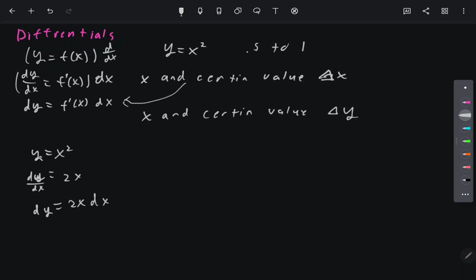We want to evaluate this at the point x is equal to 0.5, and the change in x is also equal to 0.5. So we get 2 times 1/2 times 1/2. So our differential dy is going to be increasing, assuming the same slope, by 1/2. That's just an estimate of how much y is going to grow.